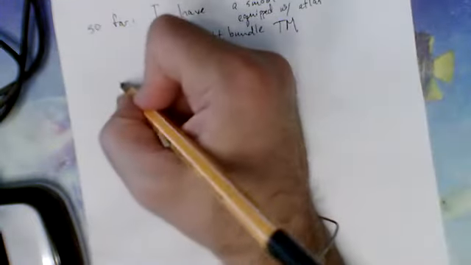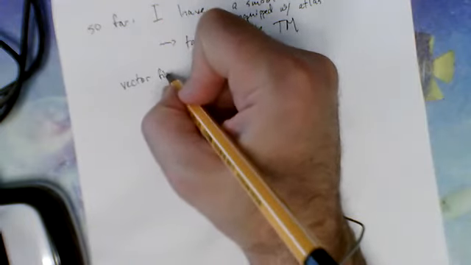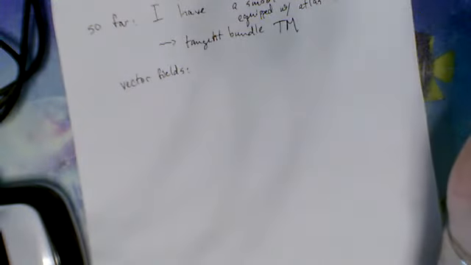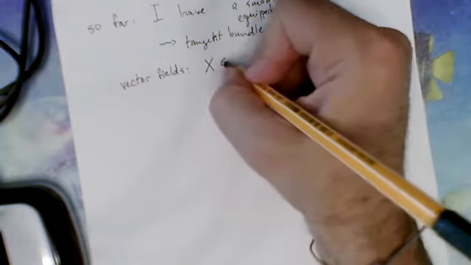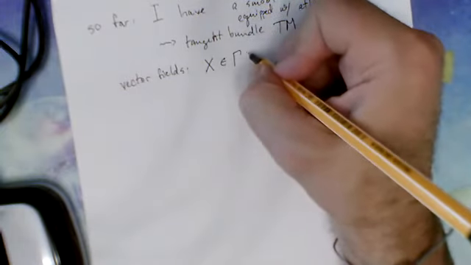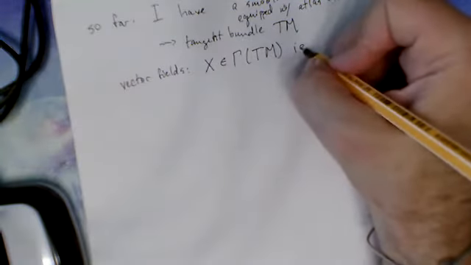And then I can talk about vector fields on my manifold. So what is a vector field? A vector field now is what I'm going to call a smooth section of the tangent bundle. And what does this mean?